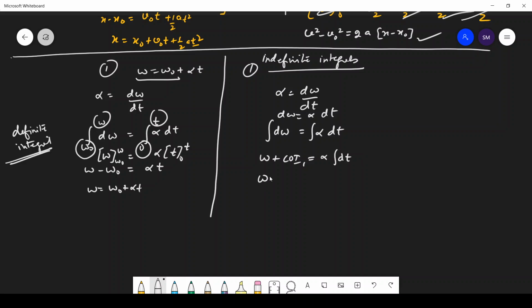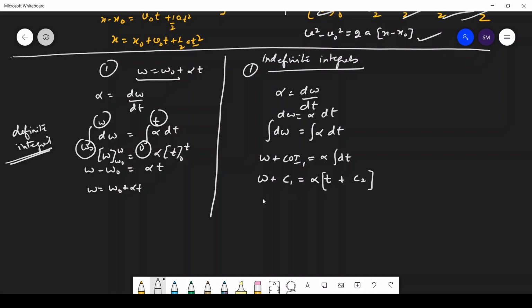So omega plus constant of integration, I can write it as c1 also, and this alpha, what is the integration of dt? That's t. But now here I need to write the constant of integration. In case of indefinite integral, I need to write the constant of integration. So let it be c2.